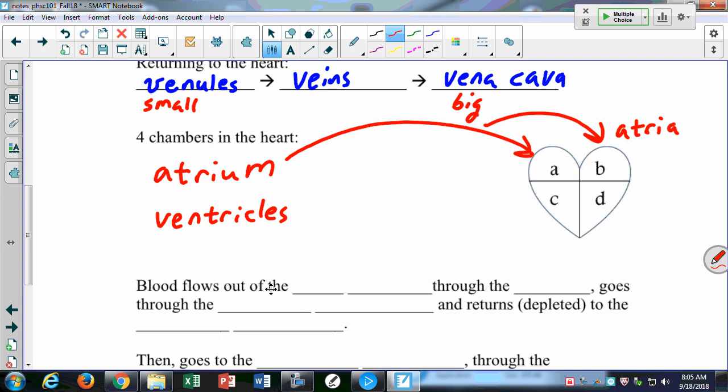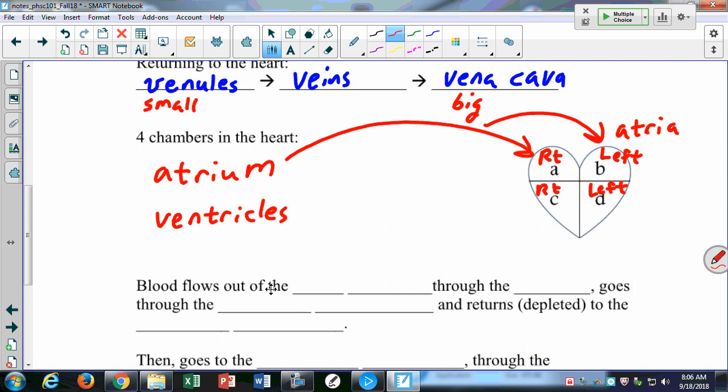And then it's like stage left, stage right. It's not your left, right. It's stage left, stage right. So this side is the right side, and this side is the left side. And this is the right ventricle. This is the left ventricle. It's because like my heart, this is my left side of my heart, and this is my right side of my heart, right? That's how I remember it.